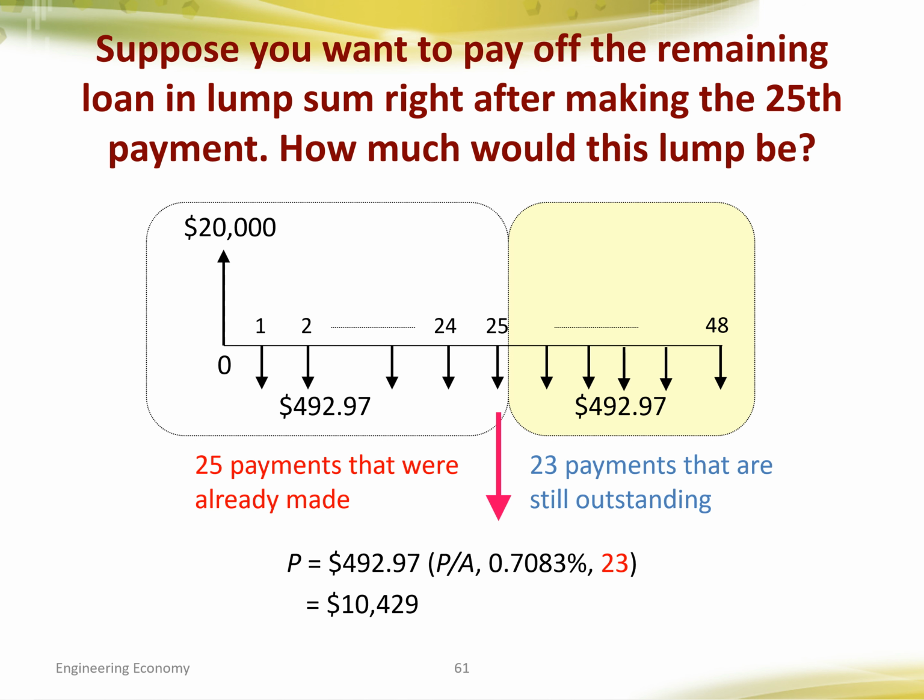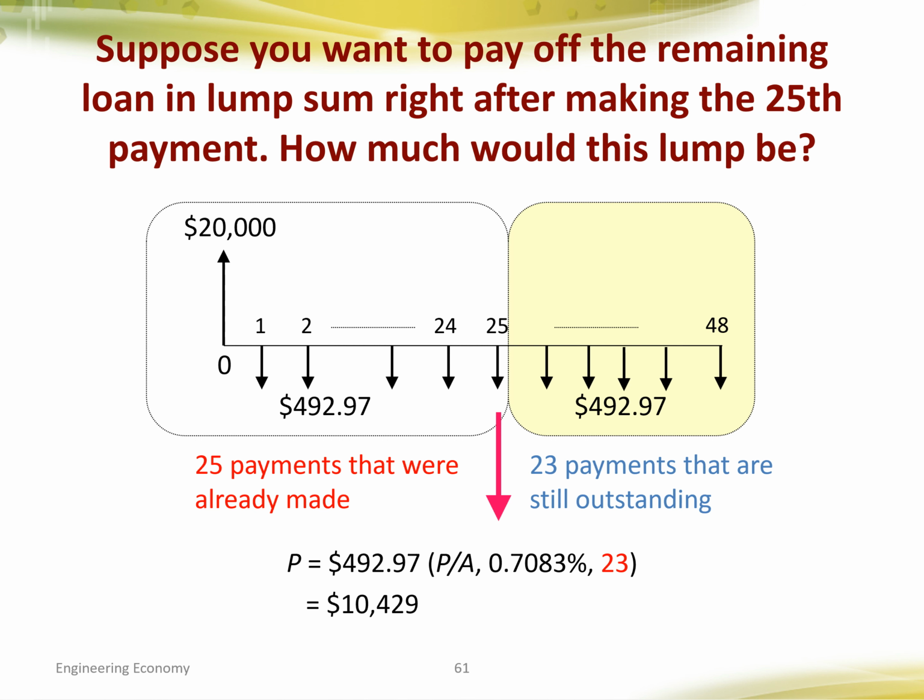I think this cash flow diagram helps us to understand how to compute it very clearly. The amount that we need to pay back should be the amount of money at that time which is of equal or equivalent worth to the rest of the payments, because we are not going to pay them anymore.